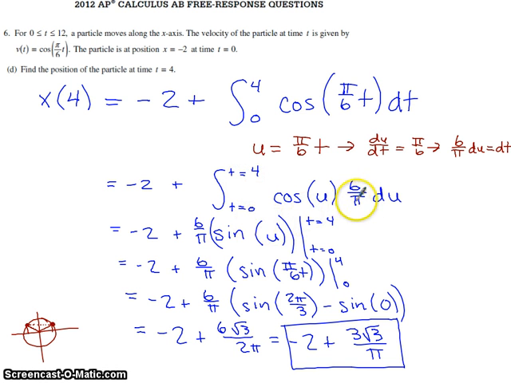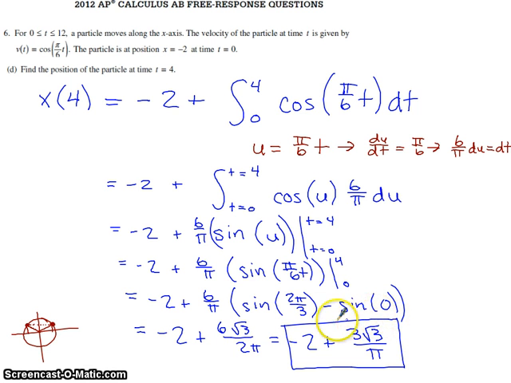But then if I factor this constant out in front of the integral, and then take the antiderivative of cosine, I get sine. I would need to evaluate this from 0 up to 4, but again, those are t values. So we'll go and put this expression back in place of u before evaluating. And then when you evaluate, it comes down to trying to figure out what sine of 2 pi by 3 is, and then minus sine of 0.